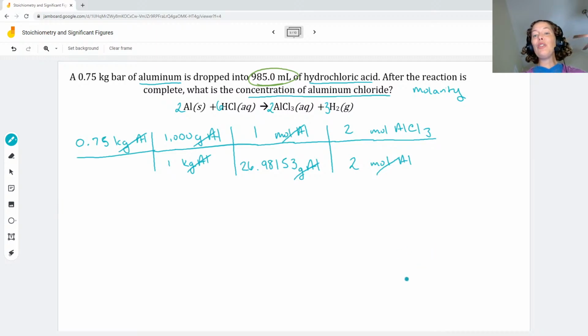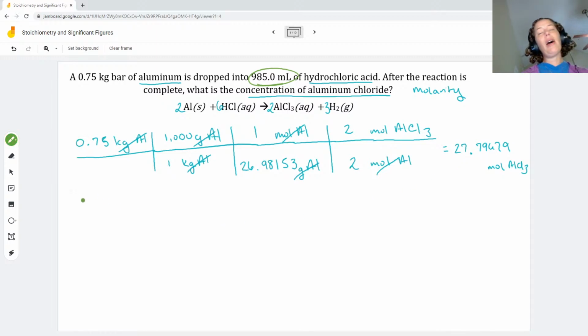So we're going to do molarity, which means I am not going to convert these moles of aluminum chloride into grams of aluminum chloride because I need moles to calculate molarity. So I'm going to end this first part of this calculation right here and actually get my moles of aluminum chloride. Again, I'm going to write down lots and lots of decimal places. This is moles of aluminum chloride.